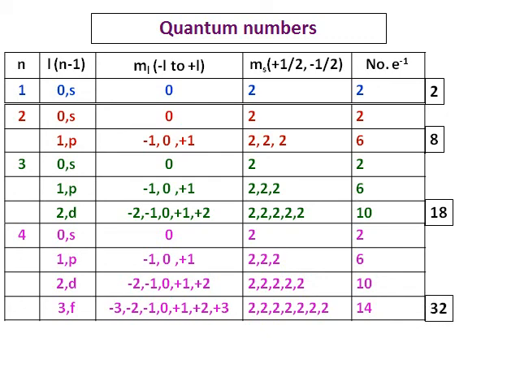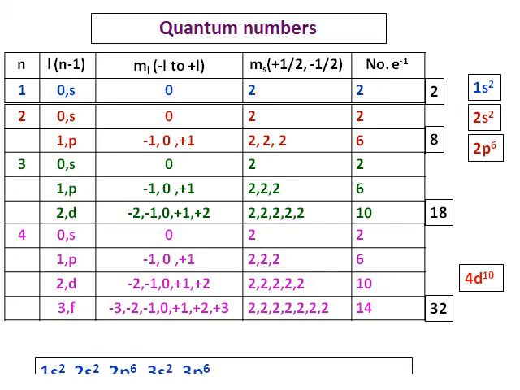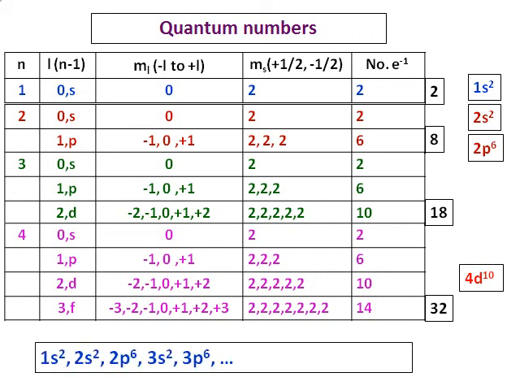And we also know that in the n equals 1 level, the 2 electrons, we refer to it as 1s2. s refers to the value of l equals 0. So if you represent each level by a number, the levels are 1s2, 2s2, 2p6, 3s2, 3p6. We will use this now and see how we can fill in the electrons in these levels.